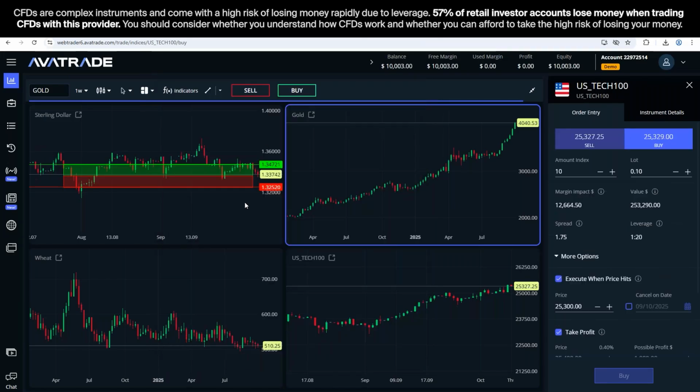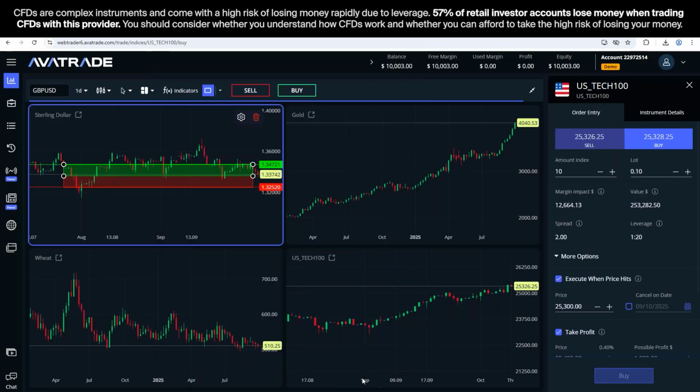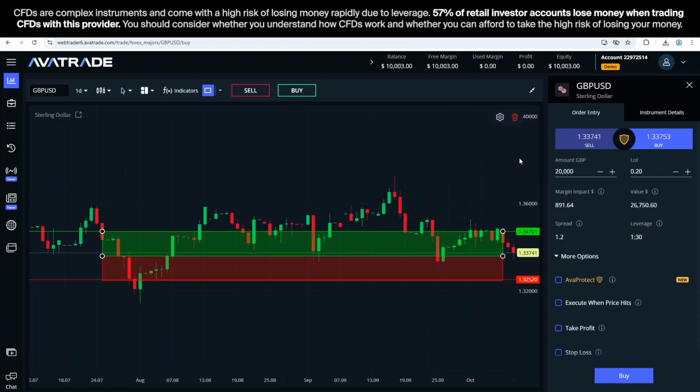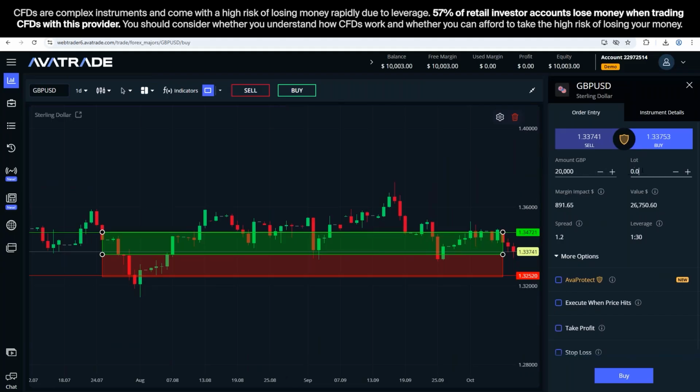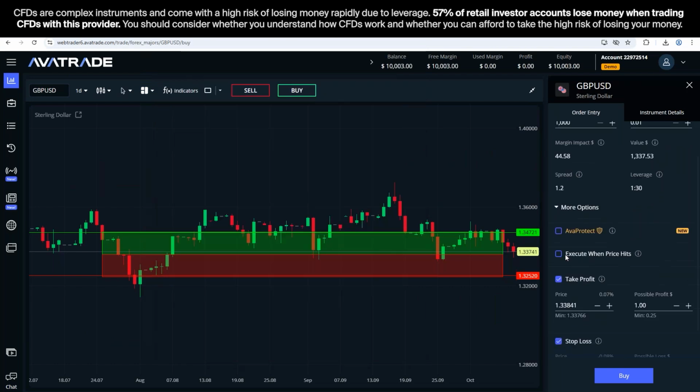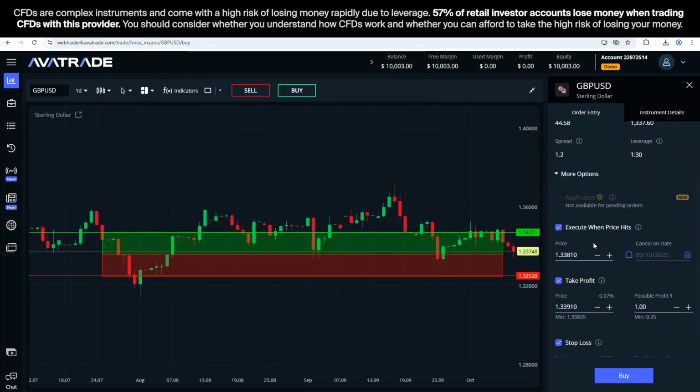See, if we are pointing at, let's go pound again, and let's go buy, and let's click here, and make it only a single chart. You can see that if I go 0.01, I can trade. Yeah, I can definitely trade. Let's again use the values from before.